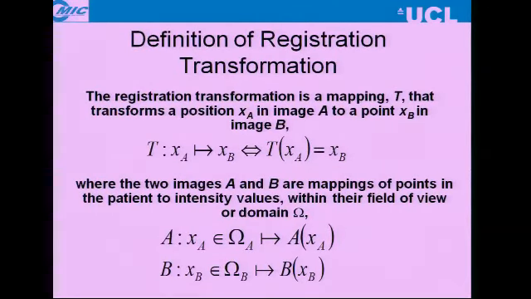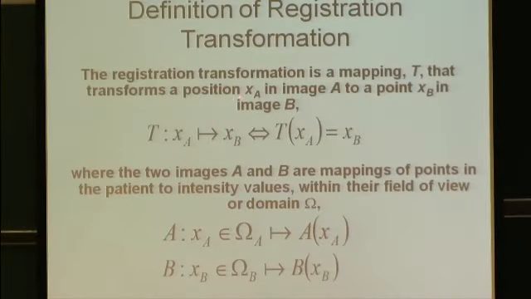So let's see how this is posed. The idea is to find a mapping between an image XA and an image XB, where we're assuming that there is some correspondence between the two. In other words, we're assuming that we can find a vector field that takes every point in one image into another.